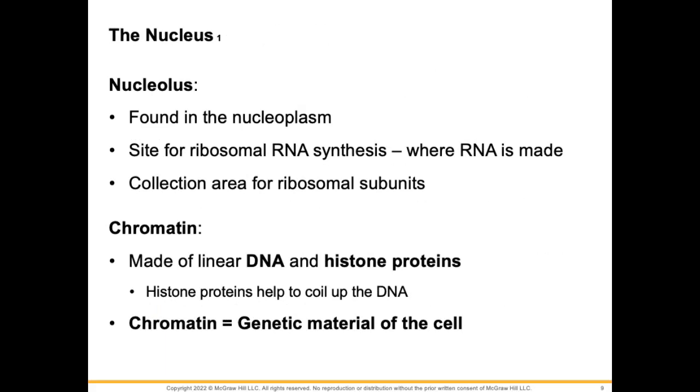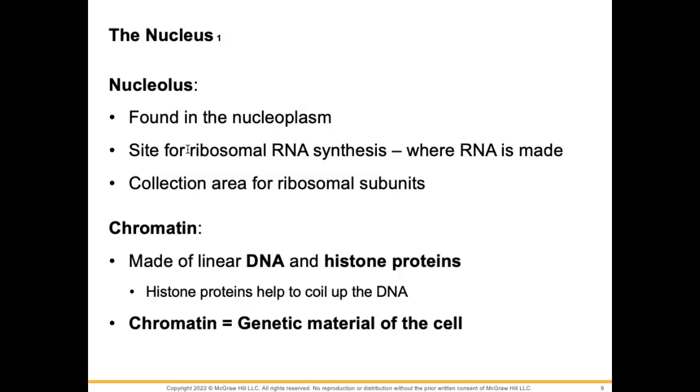In the nucleus, there is also a nucleolus. I can say that this is probably one of the most missed questions on the test: where are ribosomes made in these eukaryotic cells?